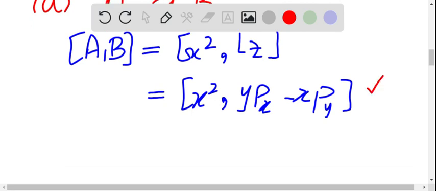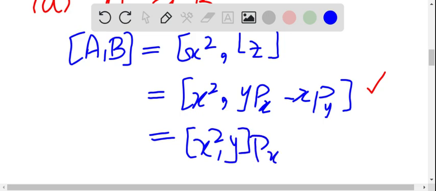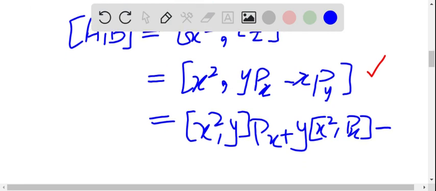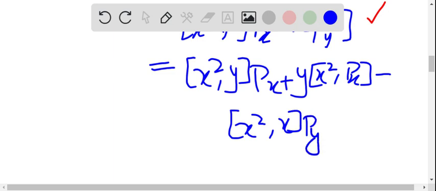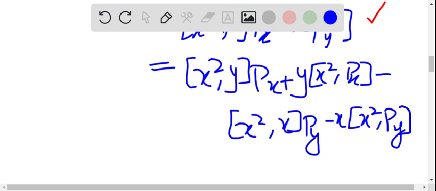So now what I'm going to do is that from equations 1 and 2 you can get that it would be equal to x squared y p_x plus y x squared p sub x, minus, since I'm running out of space over here, I'm going to write in the next line, x squared x p_y minus x x squared p sub y, right?